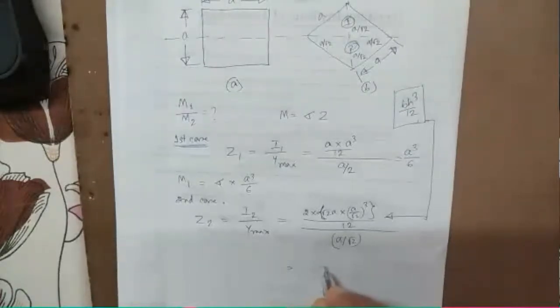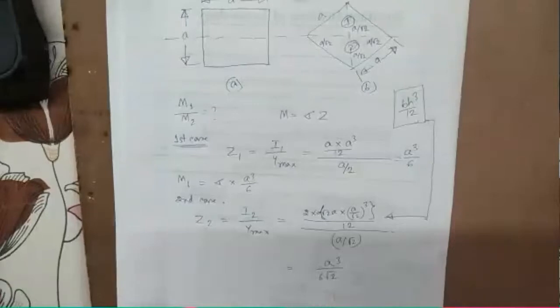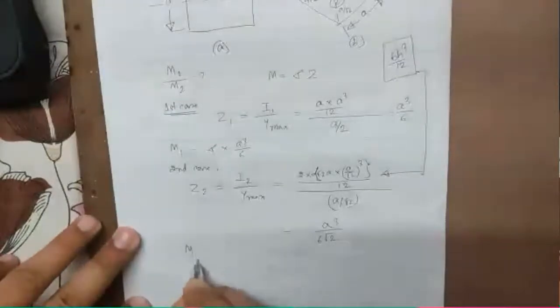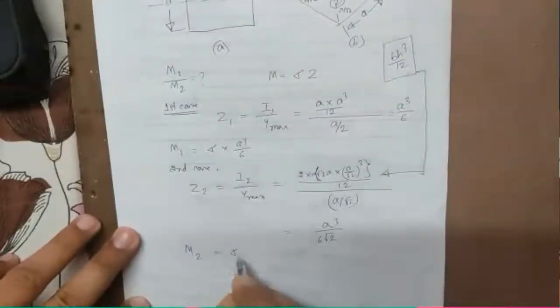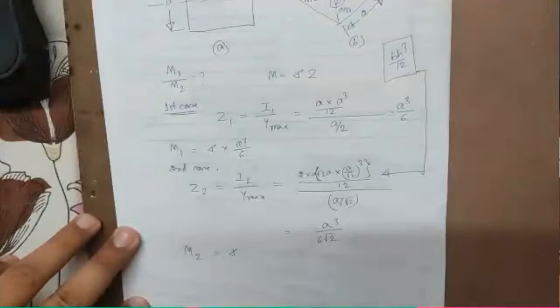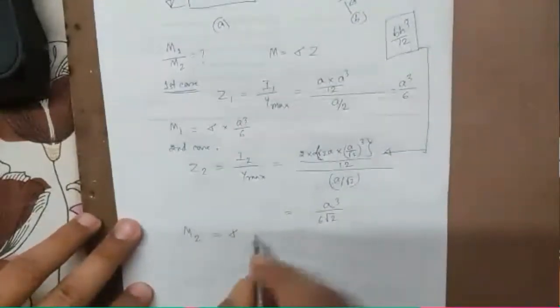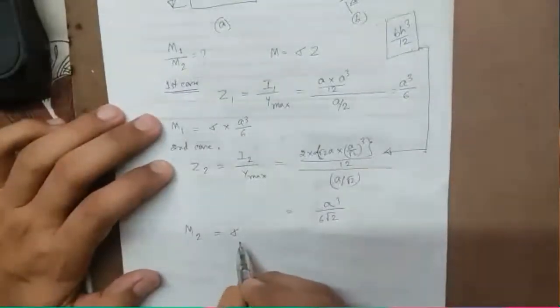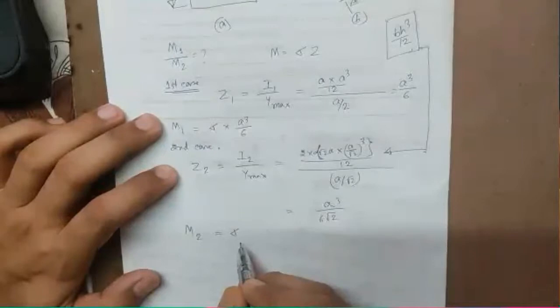upon solving, a cube by 6 root 2. Then M2 becomes sigma into Z2.